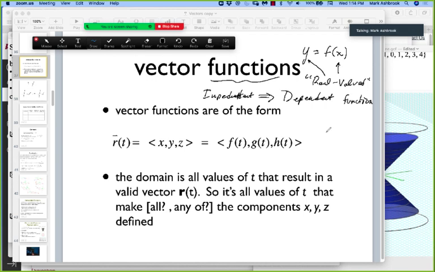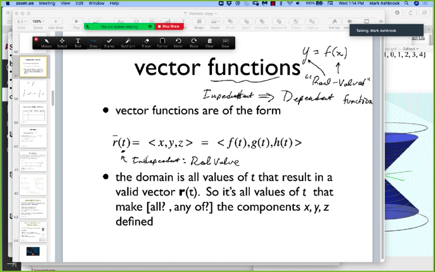So for a vector function, as with all functions, we have an independent thing and a dependent thing. The independent thing is still a scalar. We usually call it t. So the independent is a real value. Okay, but what comes out? Given a real value, instead of getting another real value, we get a vector.